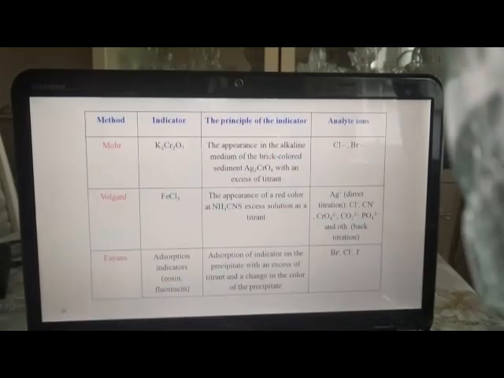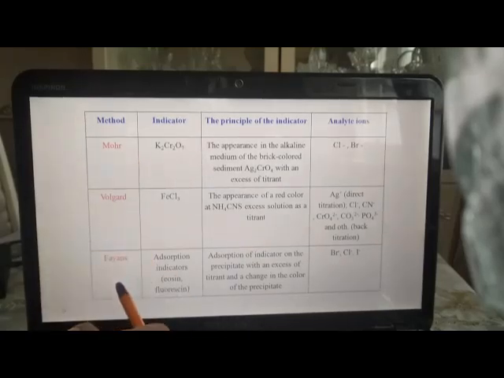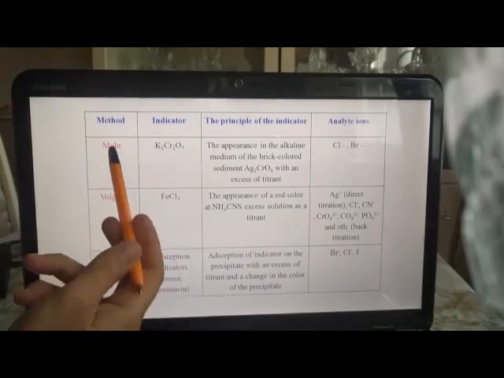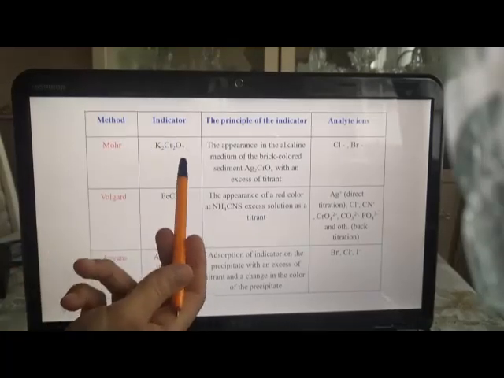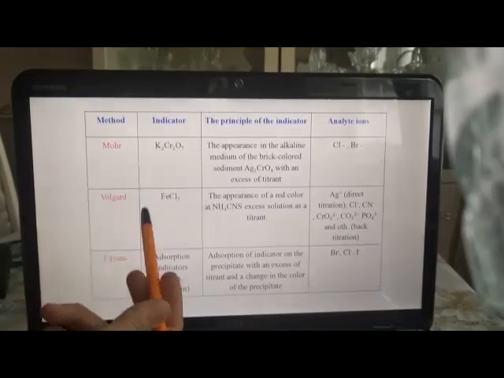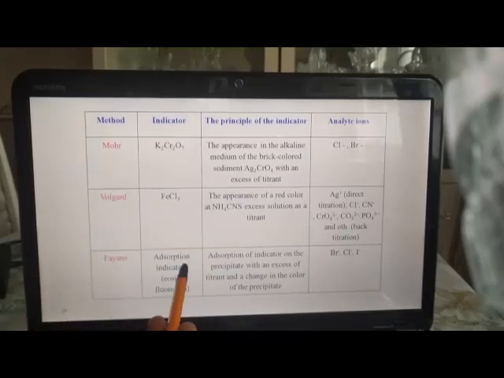And we have three methods: Mohr, Volhard and Fajans-Khodakov methods. In each of these methods we use different indicators. For example, in the Mohr method, we use potassium chromate as indicator. For the Volhard method we use iron chloride. For the Fajans-Khodakov method we use adsorption indicators, eosin and fluorescein.